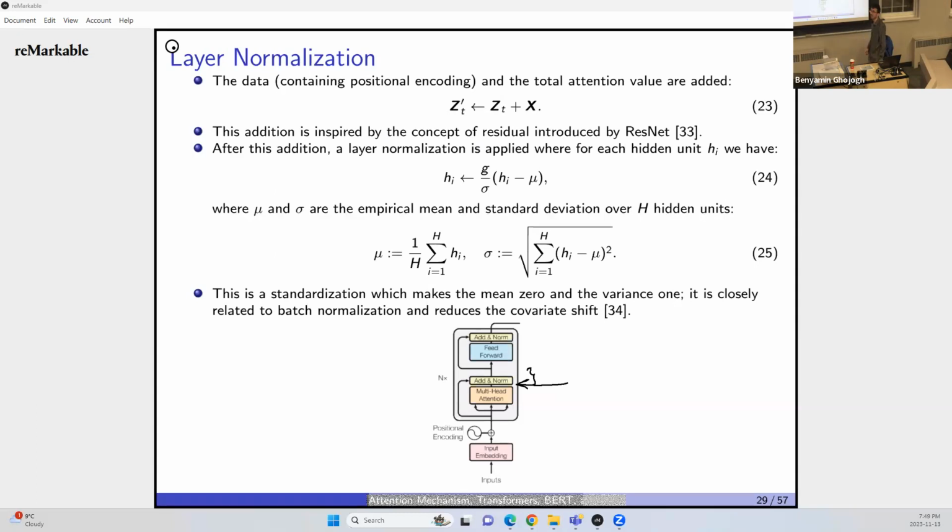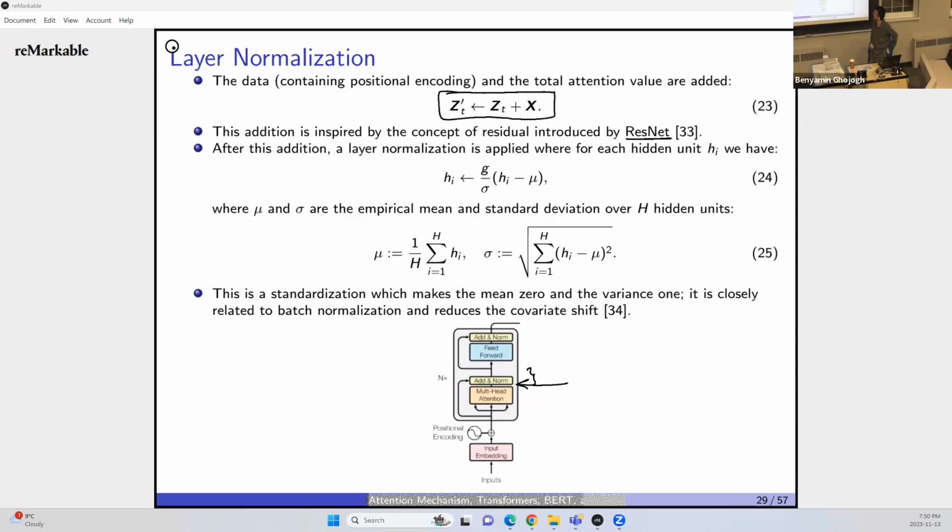It says let's add, or sum, the output of multi-head attention with the input of multi-head attention. What does it remind you of? Addition of input and output. We saw that. It's ResNet, right? In the ResNet module. So they have been inspired by ResNet.